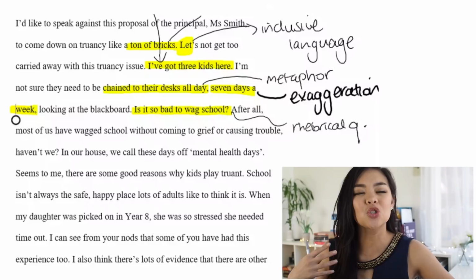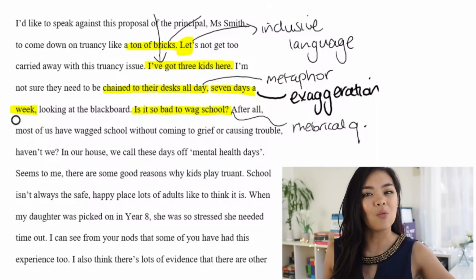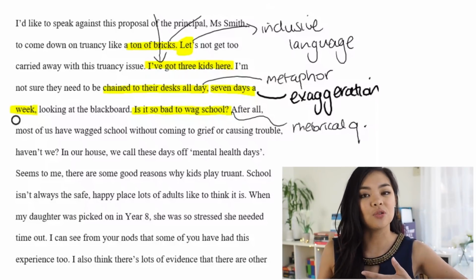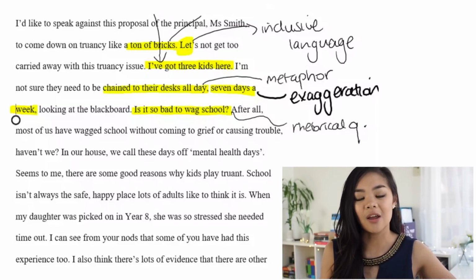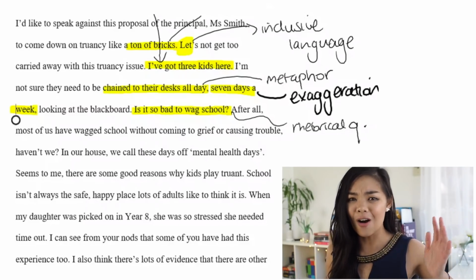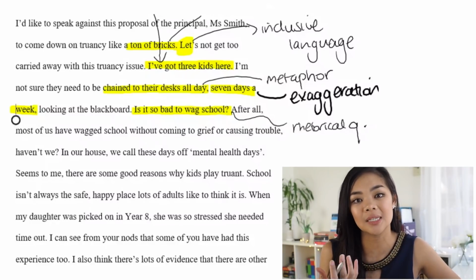So when he says, is it so bad to wag school? It's not the same as openly asking, what do you think about wagging school? Where you're then open to the opportunity to support it or not to support it. Whereas the way that he phrases it, is it so bad to wag school, is already urging you to say, oh, of course not.